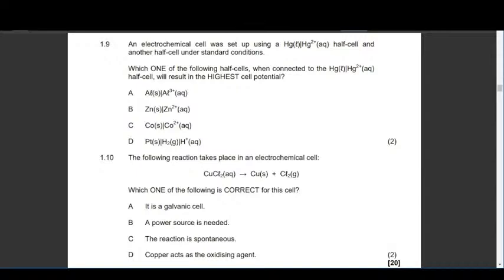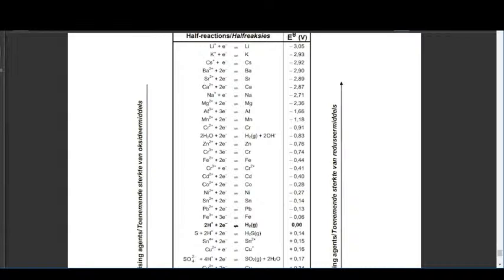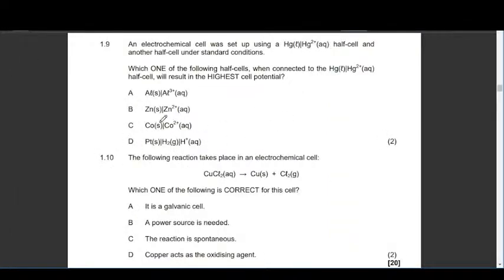So I have to go to the scale, because here they're saying zinc, cobalt, and platinum, plus aluminium. So if I come here, zinc, cobalt, aluminium, it's going to give me the aluminium first.